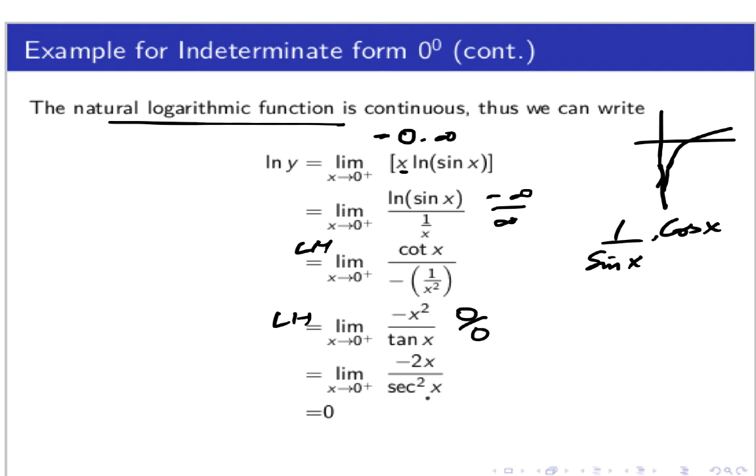Now secant of 0 is basically 1 over cosine 0. This is important to keep in mind, which is 1 over cosine 0, the whole square, and 1 over cosine 0 is 1, so it's 1, and it's minus 2 times 0 is 0. So the answer is 0. Because anything multiplied by 0 is 0, negative doesn't matter there.